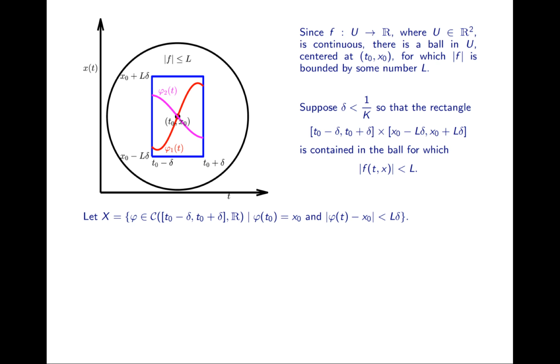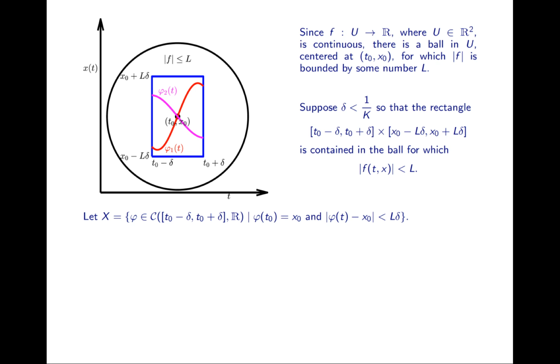So let X be a set of functions. Specifically, X is going to be the set of all continuous functions that pass through the left side of the rectangle and out the right side of the rectangle and pass through the center of the rectangle, t naught, x naught.